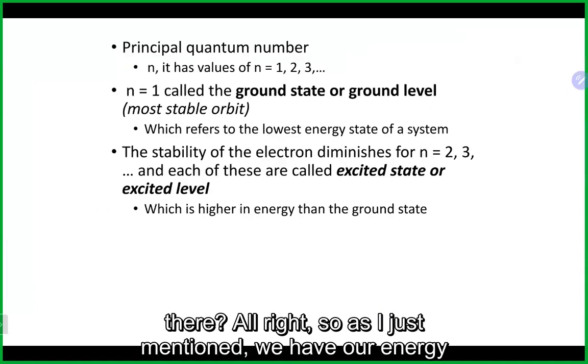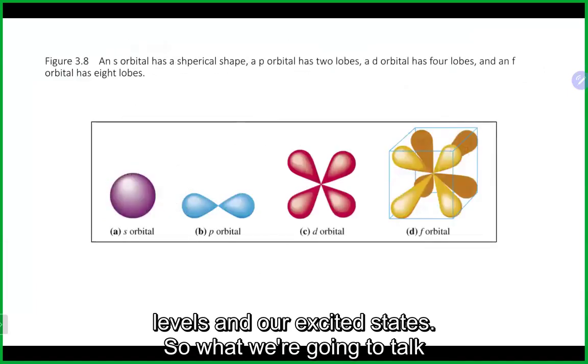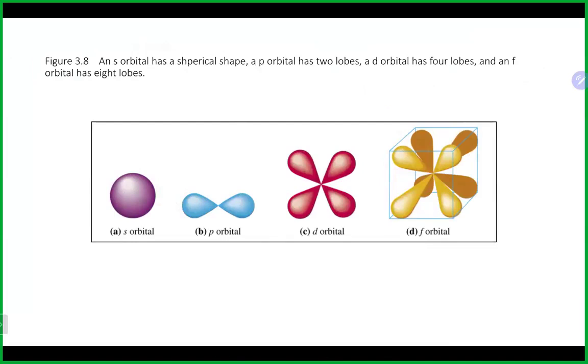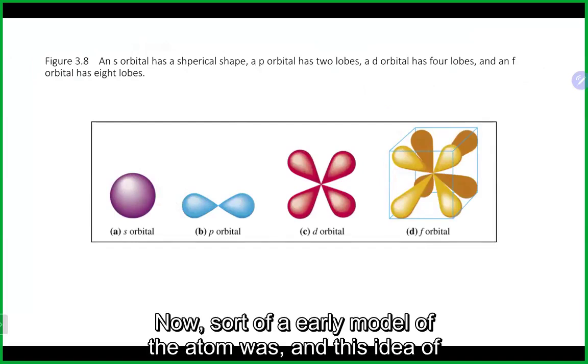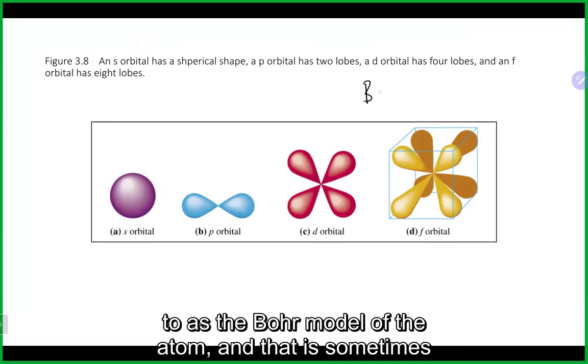All right, so as I just mentioned, we have our energy levels and our excited states. So what we're going to talk about now is basically where we find electrons within the atom. Now, an early model of the atom was referred to as the Bohr model of the atom.